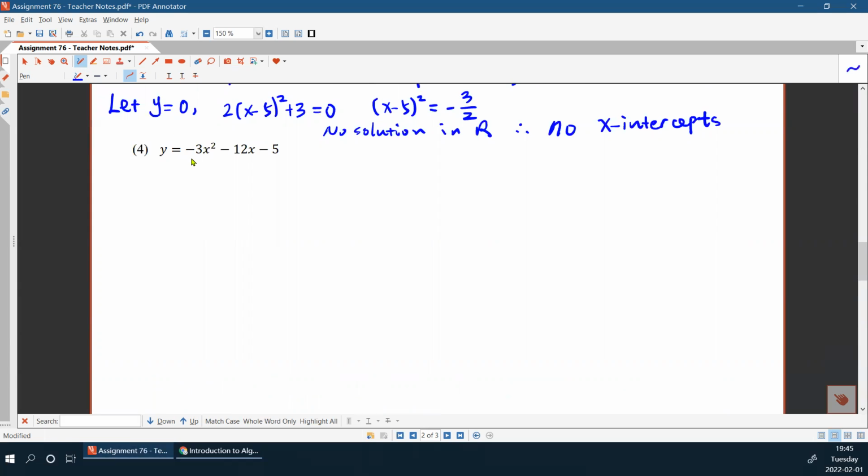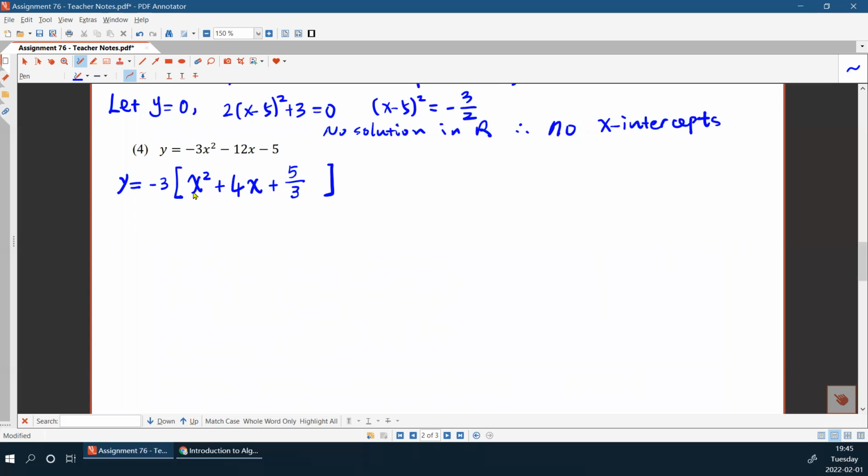Okay, question 4, the leading coefficient now is a negative number. When you have a negative number as a leading coefficient, you need to pay attention when you transform it into vertex form, right? First of all, put the leading coefficient outside, and what's left in the brackets are x squared plus 4x, and then plus 5/3.